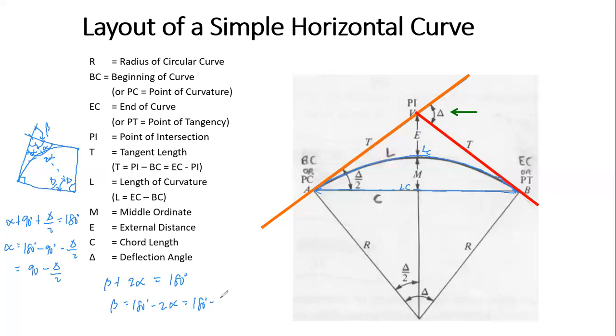So this is 180 minus 2. Ang alpha natin is equivalent to this one. So 90 minus delta over 2. So this gives us 180 minus 180. Then positive, negative times negative is positive, delta. So we can eliminate this 2. This will give us yung value ng beta as the same as the delta here. No? Okay.